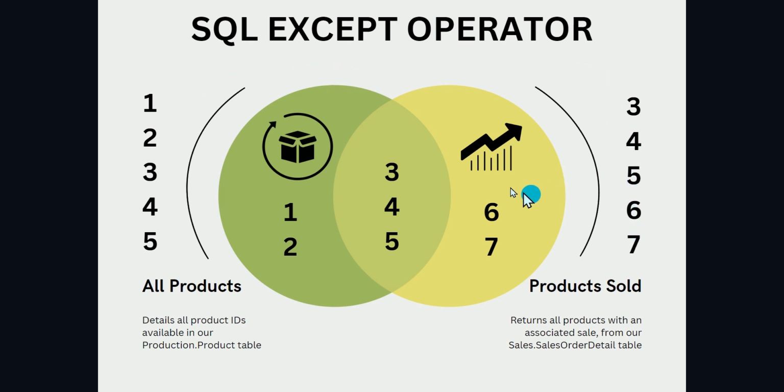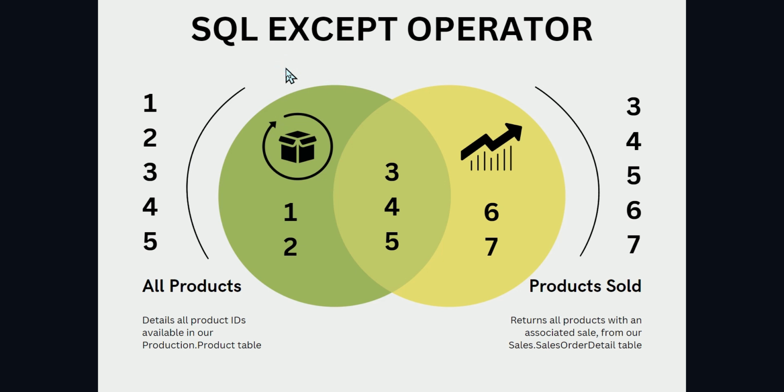Now, how do we get the products that don't have a sale? Well, really, it's about how we order the query. 6 and 7 are a difference of the two sets, but so are 1 and 2. However, as we're going to place just the all products table, just the product IDs from the generic products, first, we'll be left with the difference, which is 1 and 2.